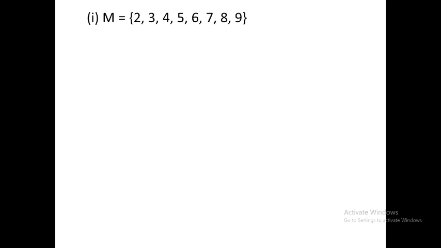Now, the next thing, we are told that P is the factors of 6. Remember, M is the universal set in this question, and we are asked to find factors of 6. You don't have to just list the factors of 6.